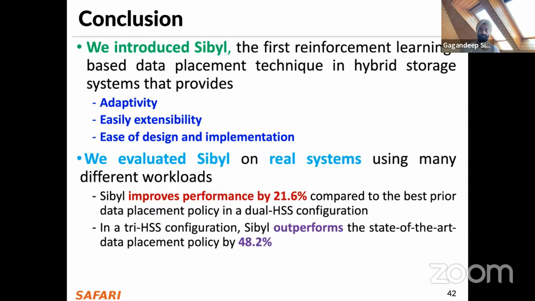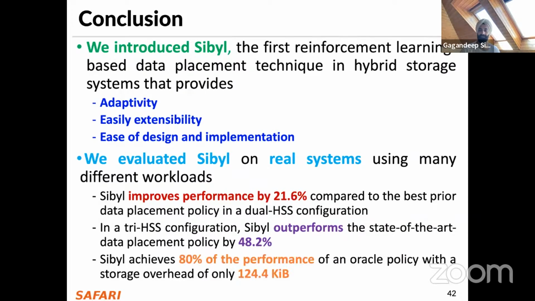In a tri-hybrid storage configuration, Sybil outperforms the state-of-the-art policy by 48.2%. And Sybil is able to achieve 80% of the performance of an impractical Oracle policy, which has knowledge of future access patterns, with an overhead of only 124.4 kilobytes.